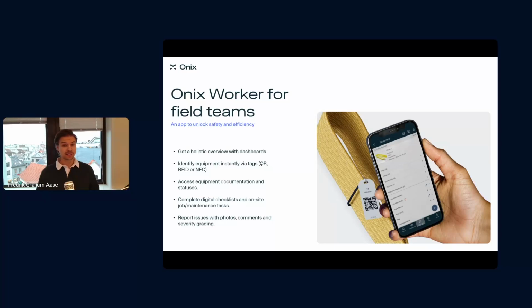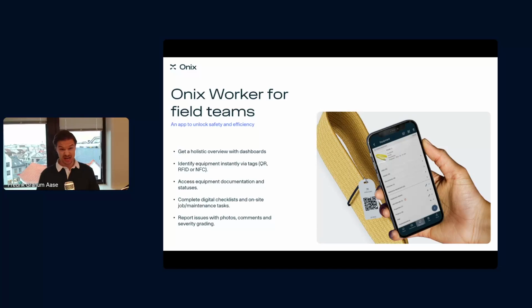And finally, the mobile app for the worker. Onix Work is a big platform involving a lot of different functionality. This application you're looking at right here is aimed to only introduce the features that are relevant for the field worker, the person actually using the equipment.